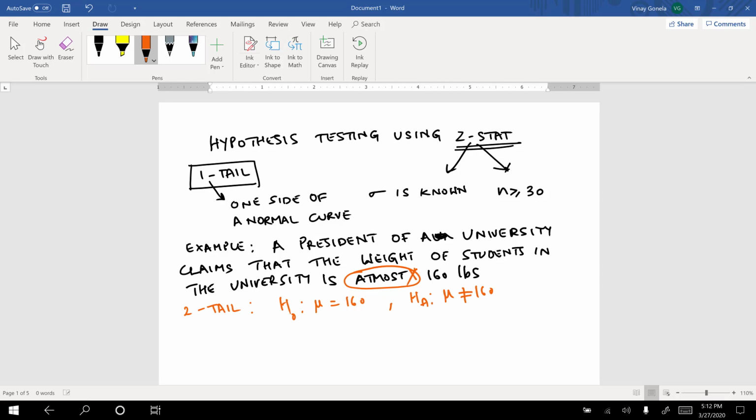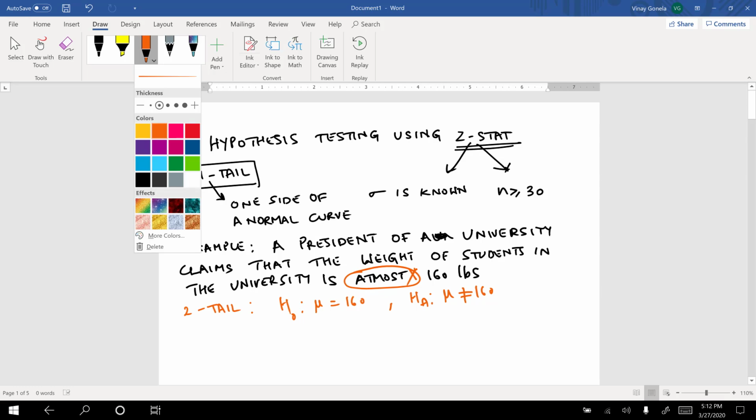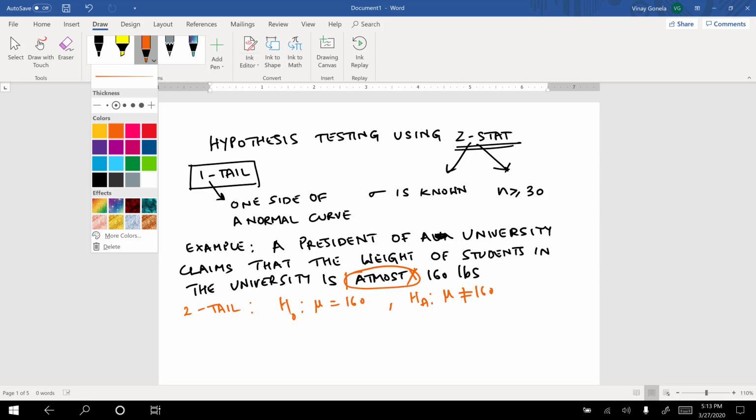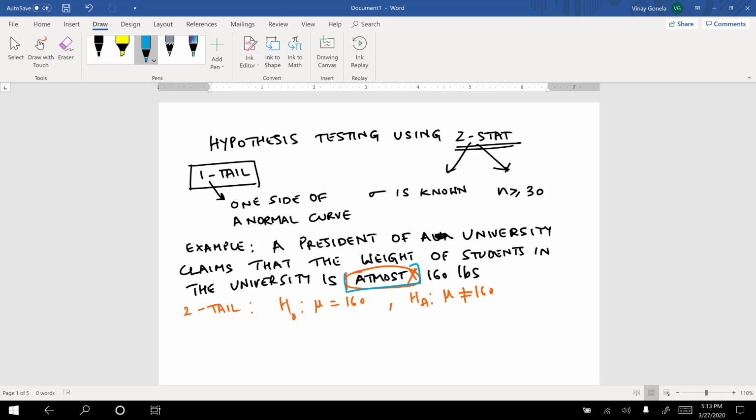So we were evaluating both sides of a normal distribution curve, and we could disprove the president's claim if it is less than 160 or more than 160. But in this case, the president says at most, so that means overall the university weight is at most 160.